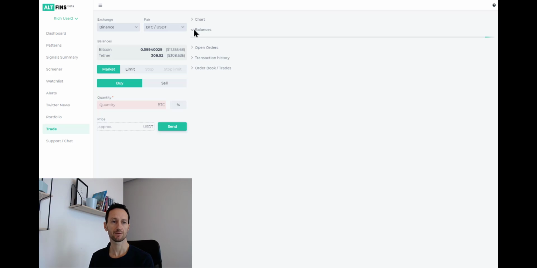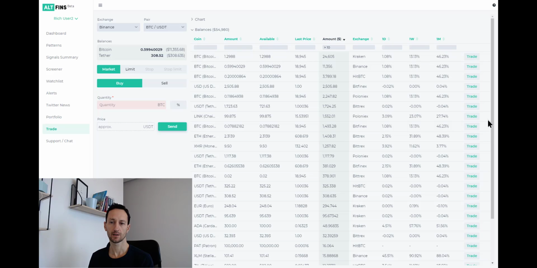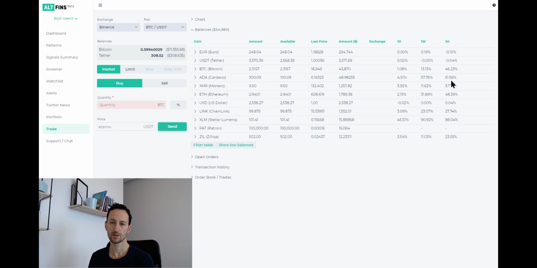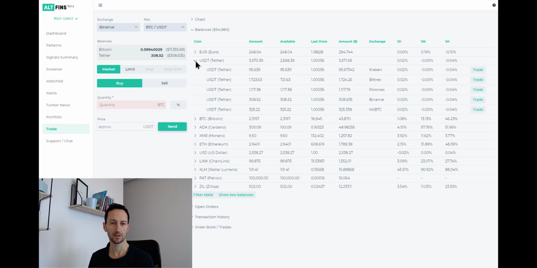I have 6 exchanges that I have connected through APIs to this system, and here are the balances. I can click on the summary table. So where do I have some money? I have some cash available, USDT on Kraken, Bittrex, Poloniex, some okay balances, really larger balances on Bittrex and Poloniex, fine.